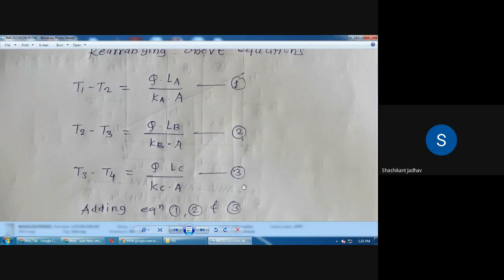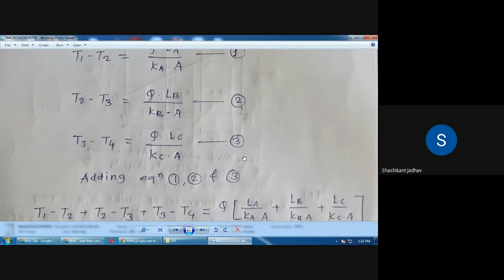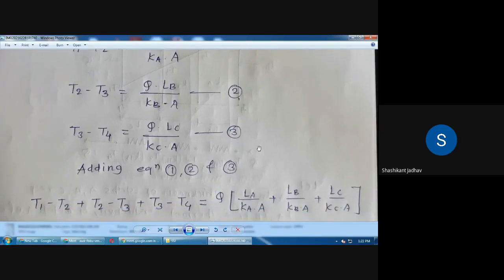Similarly, T3 minus T4. So adding equation 1, 2, and 3.